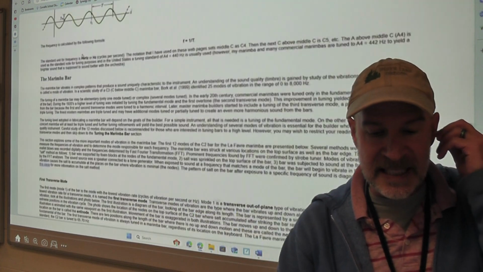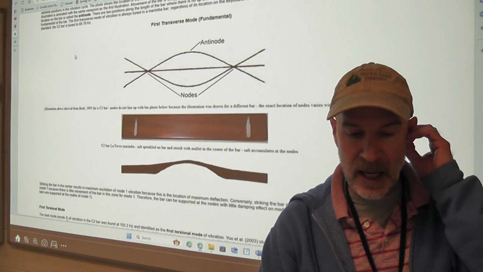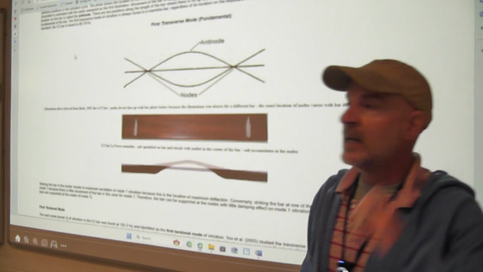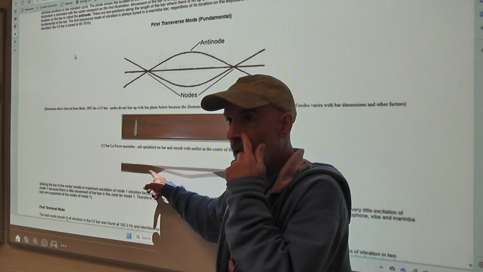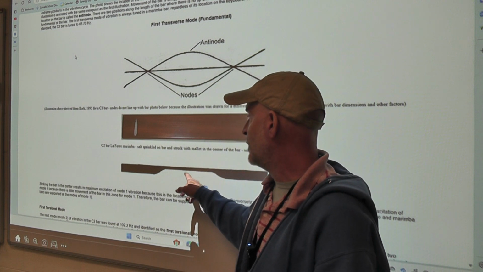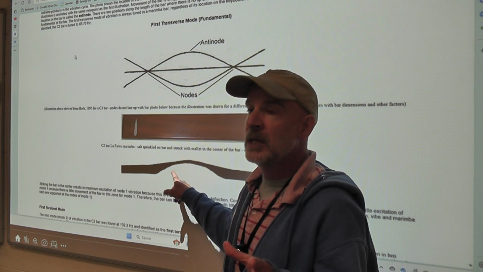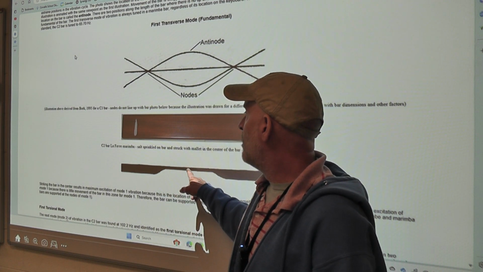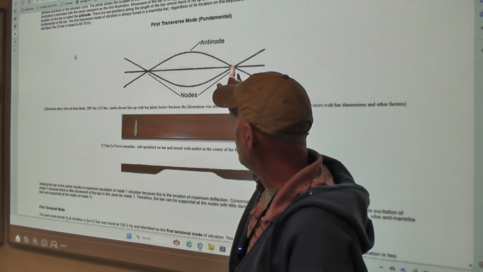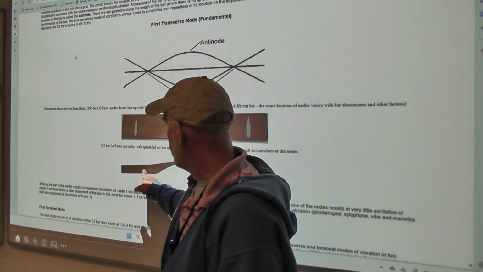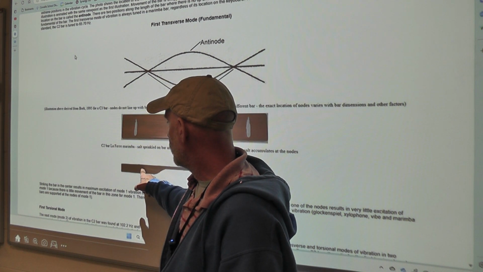And so you can see it visually in a couple of different ways. One is that if you actually could see one of these tone bars vibrating, you'd see something like this. And in fact, we're gonna see one in just a minute. But graphically, we can draw it like this, where we have a wave, where there's parts of the wave where it doesn't seem to move at all, like here.